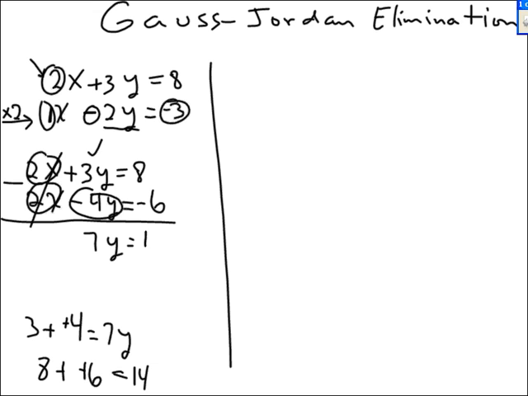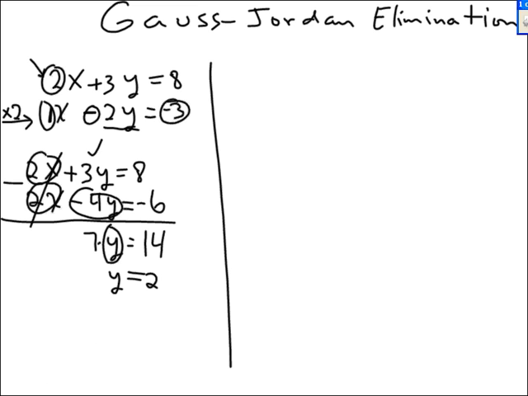So 7y equals 14. 7 times this unknown number is 14. Well, the number is not unknown anymore. It's 2. 7 times 2 is 14. Okay, let's pause right here and go on and do this using matrices.